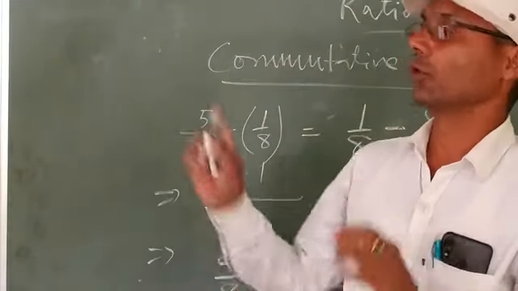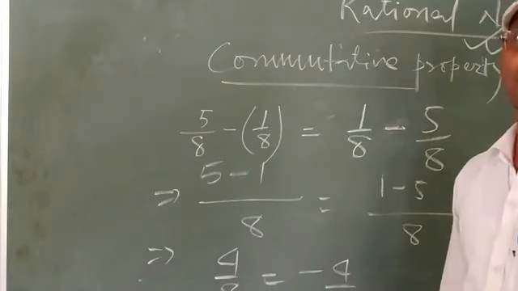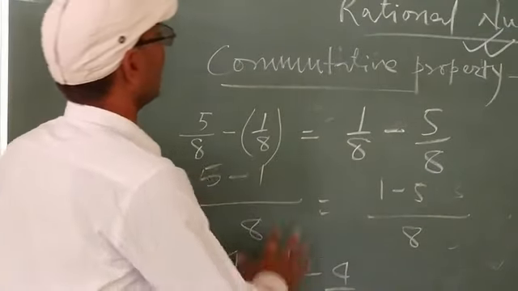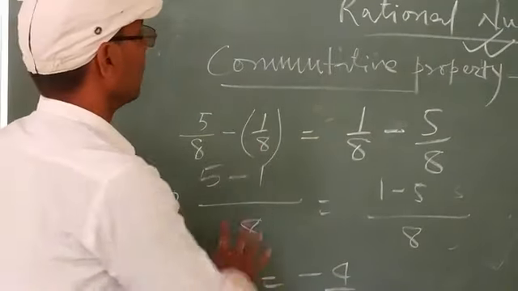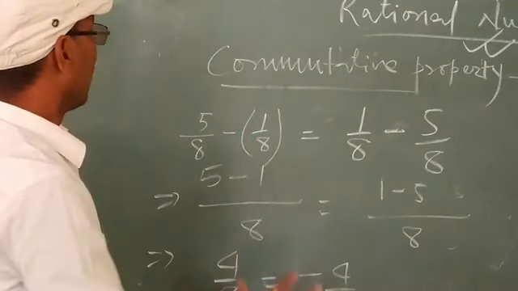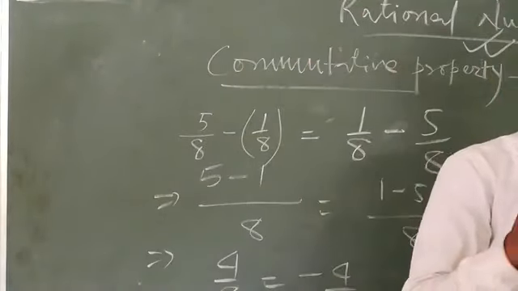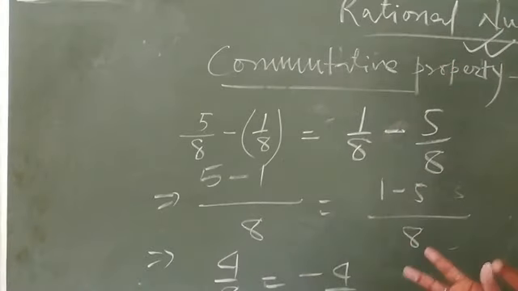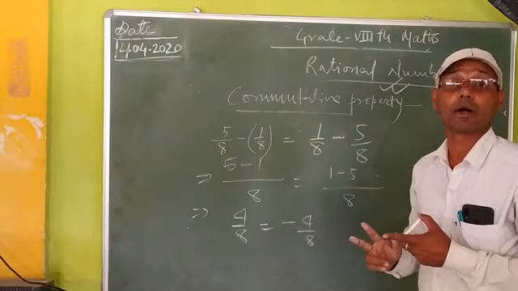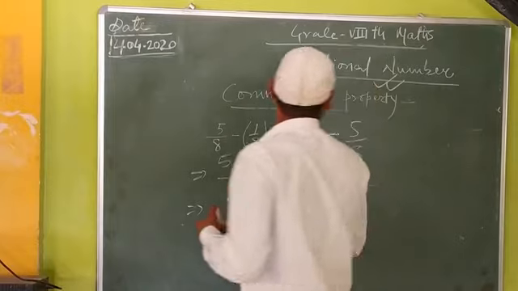I want to show you in your book's text. My dear, one thing I want to clear in the commutative property. I said addition, subtraction and multiplication, but only if we change the order of the two rational numbers.